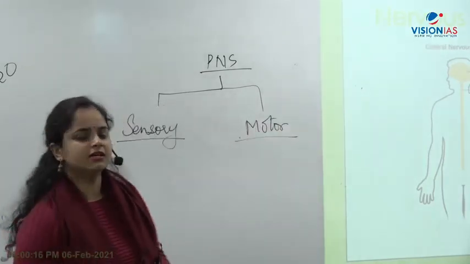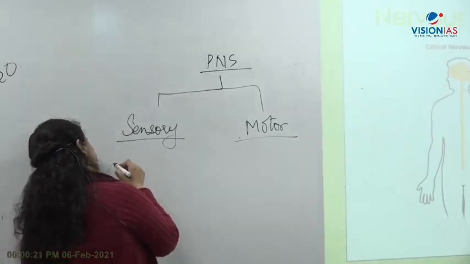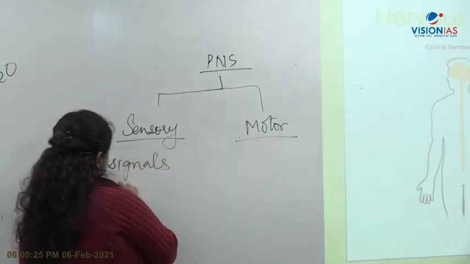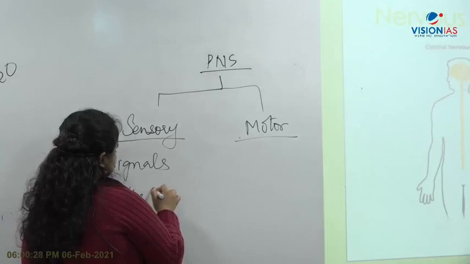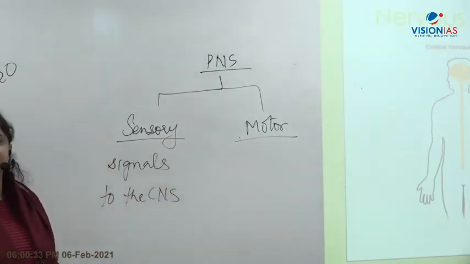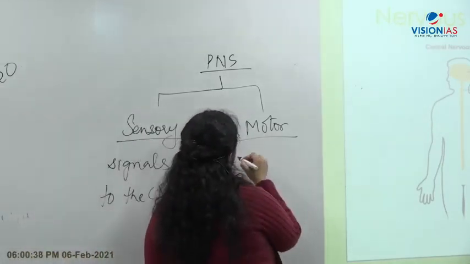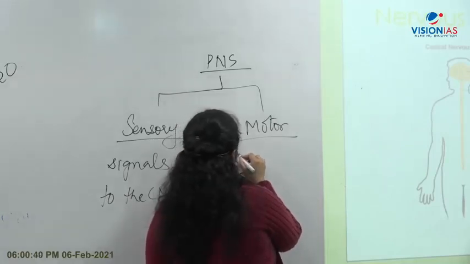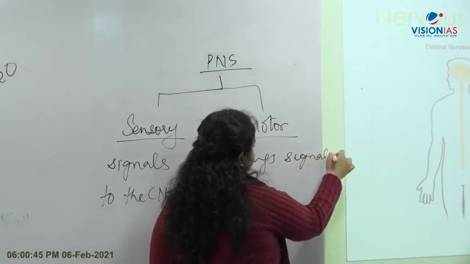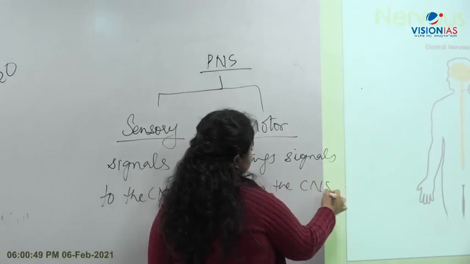Sensory nerves are those which take signals to the central nervous system, and motor nerves bring signals from the central nervous system.